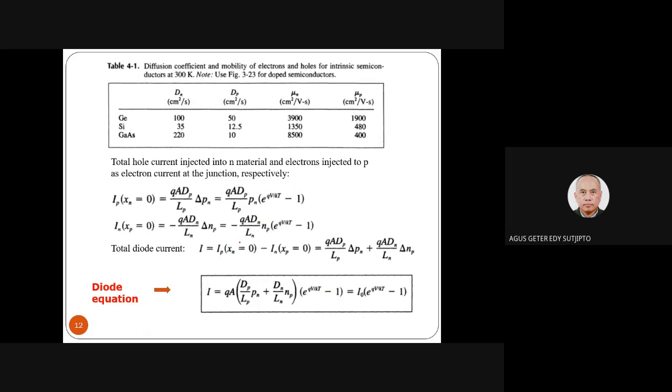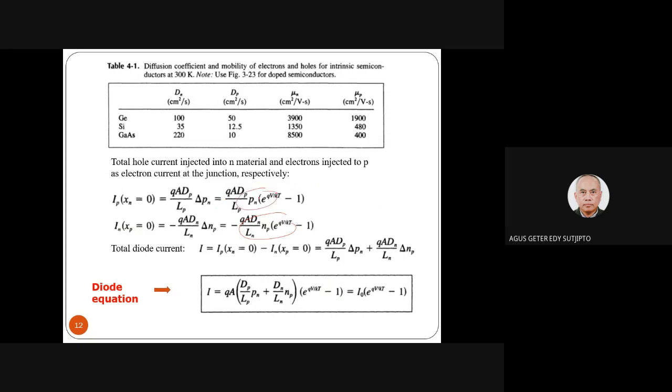On the other hand, with the same consideration, we can get the current of electron in the p region. So we have this equation for the hole in the n region.